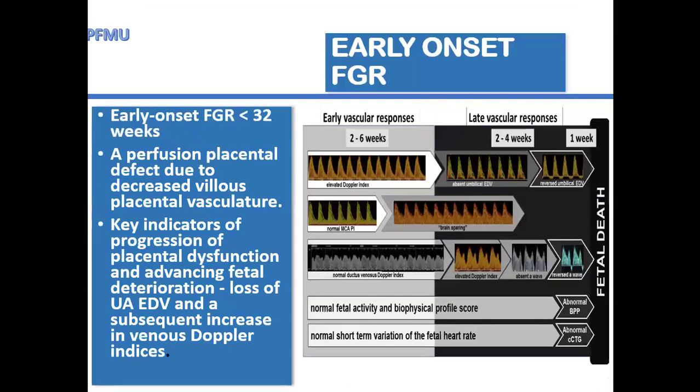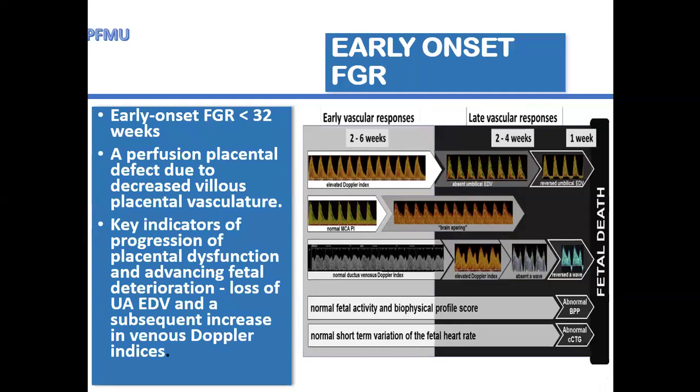So I mentioned early onset FGR, which we said occurs below 32 weeks, and it mainly manifests in the umbilical artery Doppler, with the deterioration which I mentioned. So early onset FGR, we call it a perfusion problem. Why?